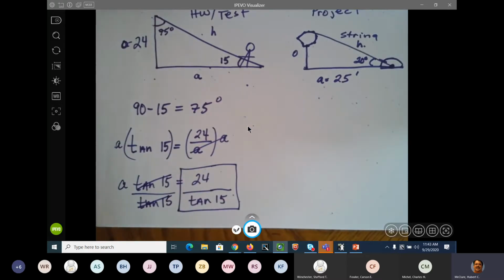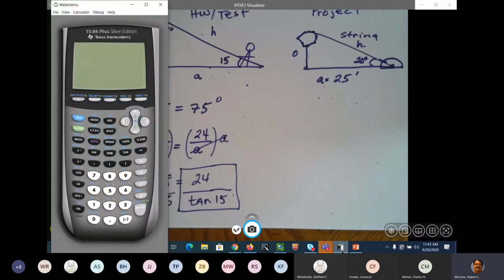So let's do that. Take your handy dandy calculator and let's take 24 and divide, parentheses, tan of 15 degrees, close parentheses.